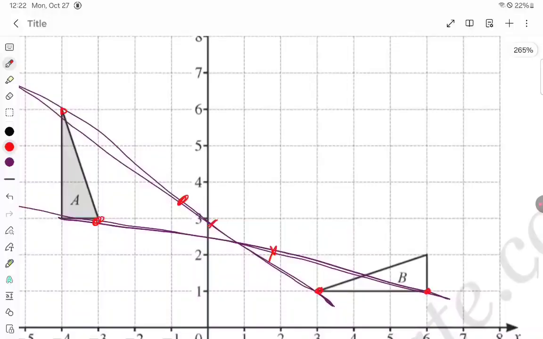Calculate the middle point with the help of your ruler.